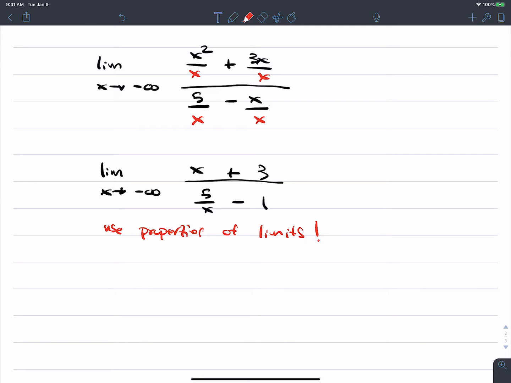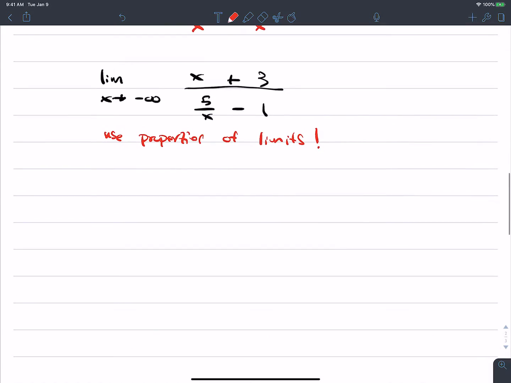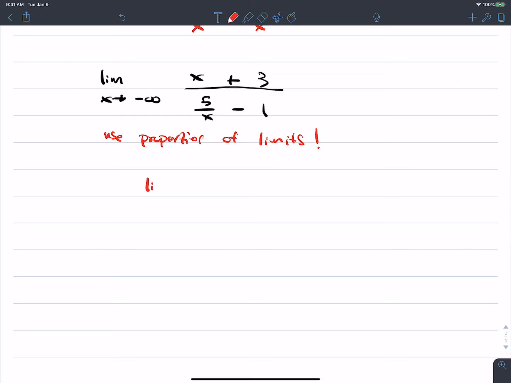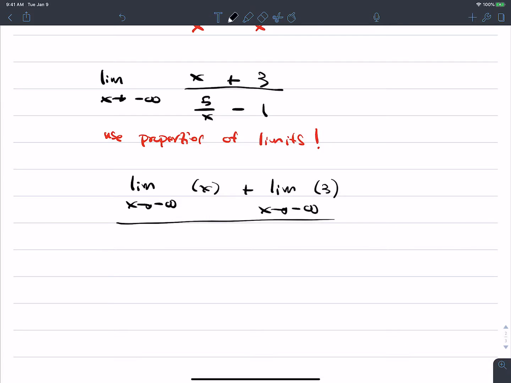So by all those properties, without going through all that detail like we once did, this is going to be the limit here of just the x plus the limit of a constant 3 over 5 times the limit of 1 over x, x goes to minus infinity, minus the limit of our constant 1.